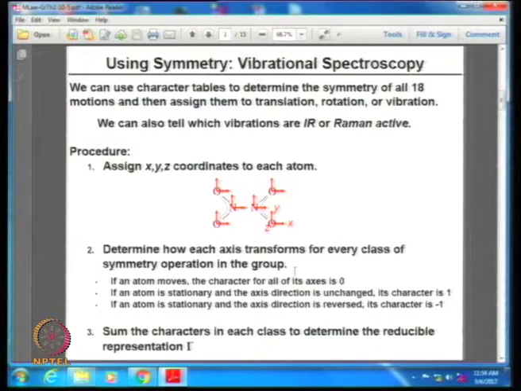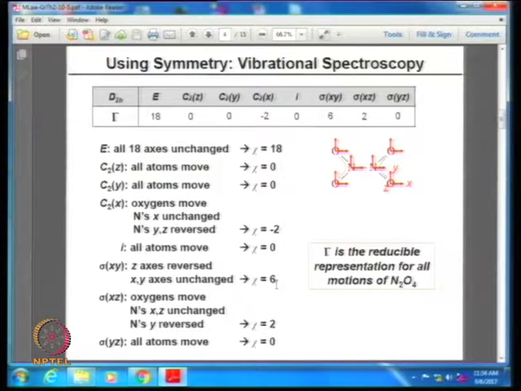Following this rule, if an atom moves, then the character for all its axes is 0. So under z rotation, with the center of the molecule as the axis, if you rotate, all the atoms are rotating in it. So under this z axis rotation, the character is just 0. Then if you look under the same rotation at the fate of y, again all the atoms move, so you get 0.